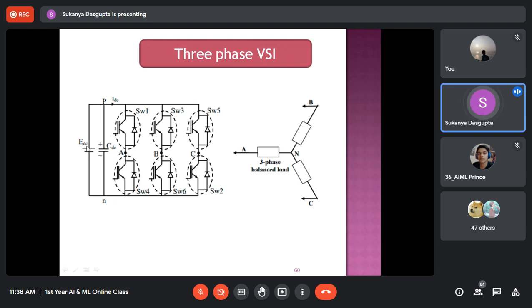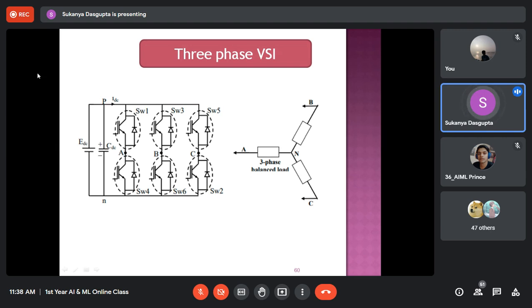You can see EDC is the DC input. A battery cell can be the source at the input side of this inverter. Other than this battery source, we can also use a rectifier unit. A rectifier also produces DC output from AC.